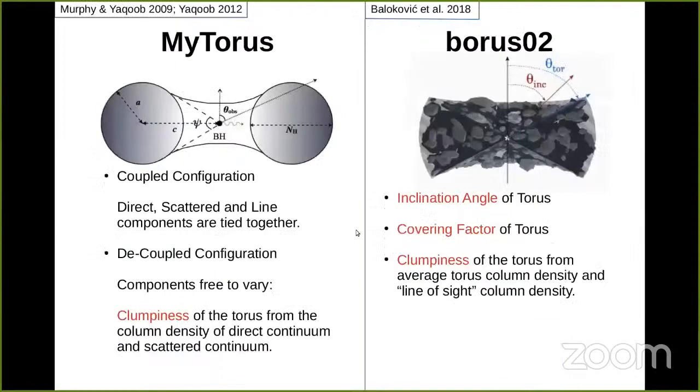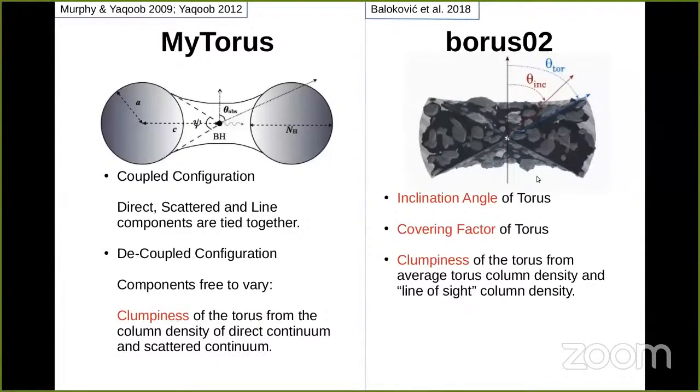So let's briefly introduce the MYTorus and BORUS models. MYTorus is modeled like a donut distribution composed of three components: direct, scattered, and fluorescent lines. In the coupled configuration, all of them are tied together, whereas for decoupled parameters, they are left free to vary. So by comparing the column density from the direct and scattered components separately, we can estimate the clumpiness of the cloud.